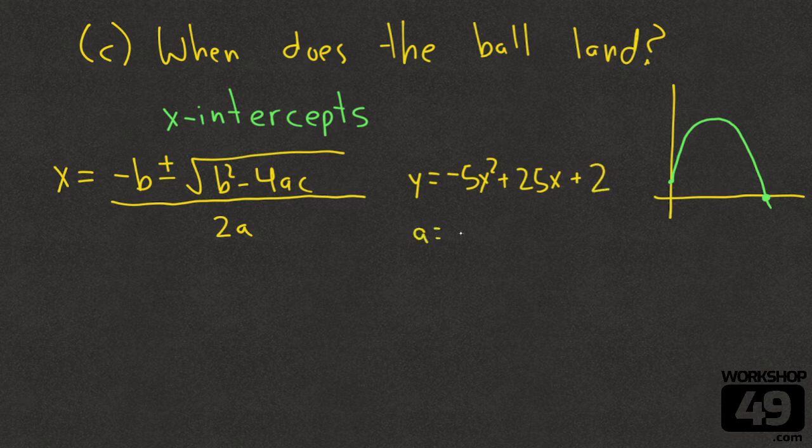So our a value equals negative 5. Our b value, the number in front of the x, is 25. And our c value is 2.